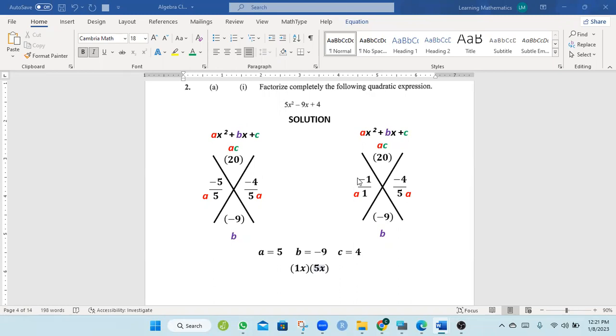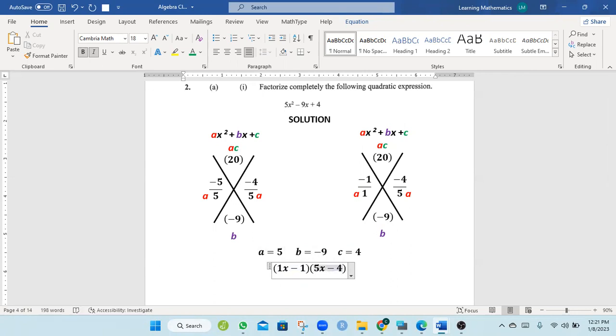Now the numerators, negative 1 and negative 4. Negative 1 will be the constant for this first bracket. Here you have 1 as the coefficient of x, 1x, and the numerator forms the constant, negative 1. So 1x minus 1. In the second bracket, the 5 is the coefficient of x, and negative 4, the numerator, becomes the constant.